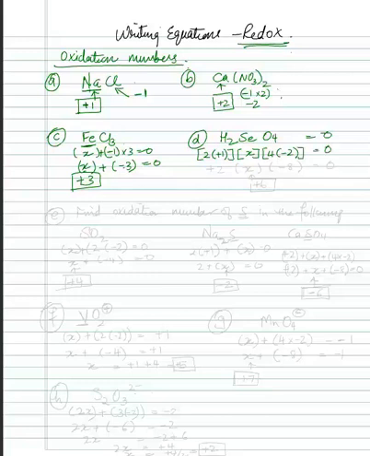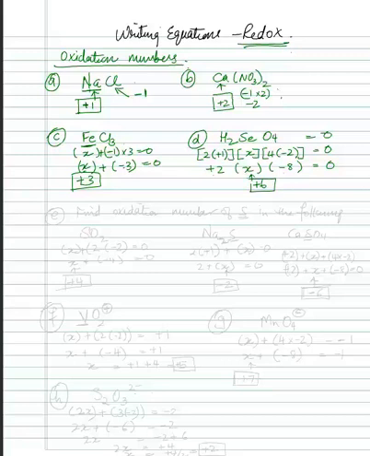So let's go ahead and remove the brackets and do the calculation. Here we have +2, then x, and then -8 for oxygen. So +2 plus -8 plus x should be equal to 0, and so x should be +6. Okay, so that's how you figure that out.